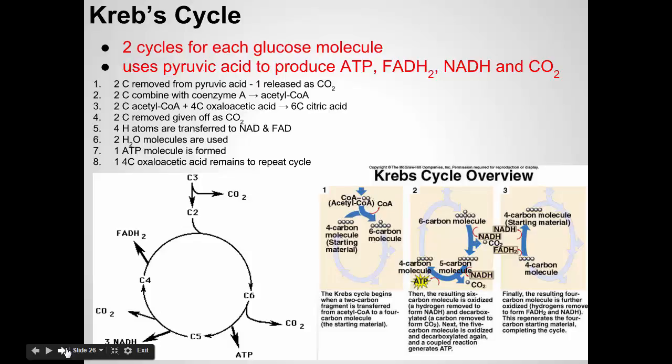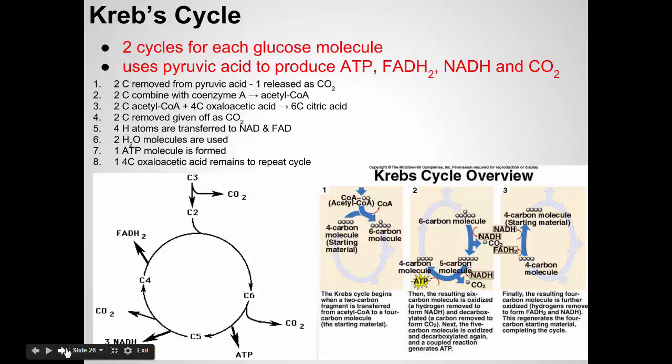That's their purpose. Okay? So if we looked in this cycle, what you have is first you have your pyruvic acid, which is a 3-carbon molecule. One of those carbons is stripped off. That's one of the ways we get carbon dioxide.